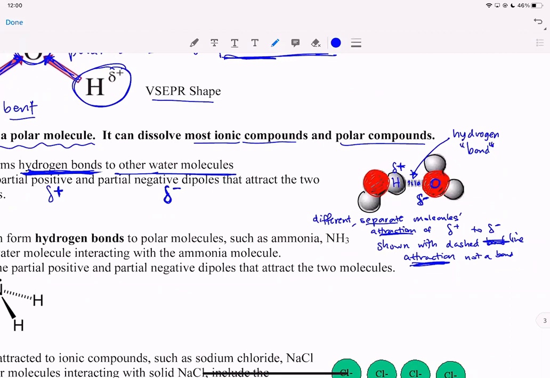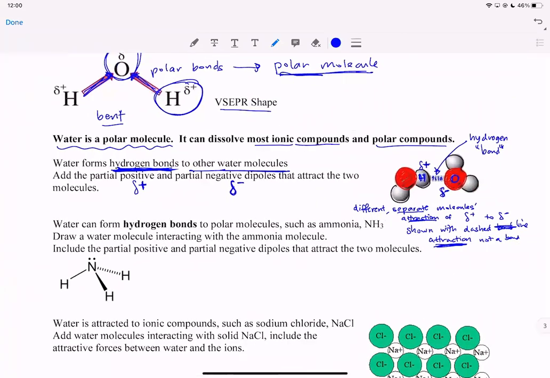And it's called hydrogen, not because it's two hydrogens that are bonded together, but because it is a hydrogen on one molecule that is partial positive and it is attracted to a partial negative on a different molecule. Okay, so that's the definition of a hydrogen bond: the hydrogen is attracted to an oxygen, nitrogen, or fluorine on another molecule.